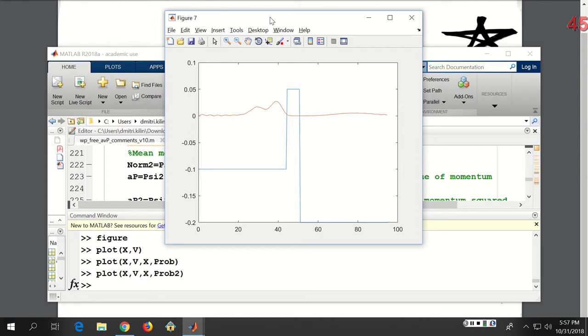How much for potential? How much for kinetic? Majority, kinetic. So what does kinetic energy mean? Energy of motion. Just momentum squared, right? So look, mv squared over 2, or p squared over 2, right?